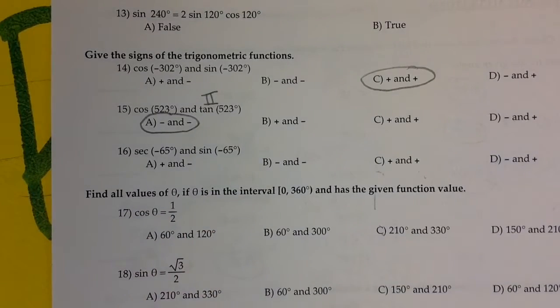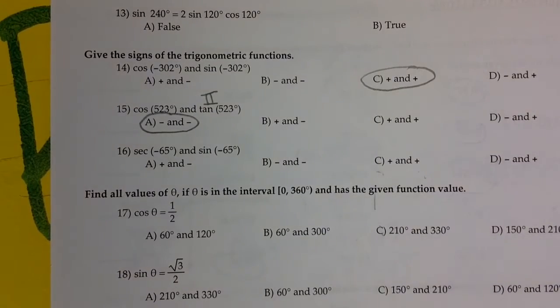Okay, the questions are intended to make you think. Why was cosine opposite of? So you're in the second quadrant. Oh yeah, right. Got it. Question? Do you understand how 523 is in the second quadrant? Yeah.